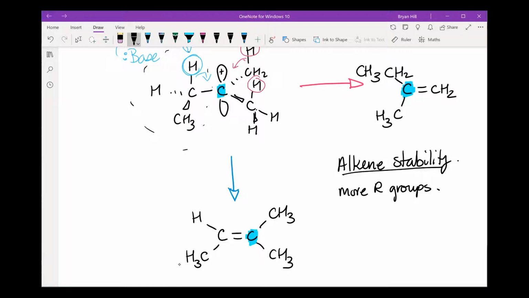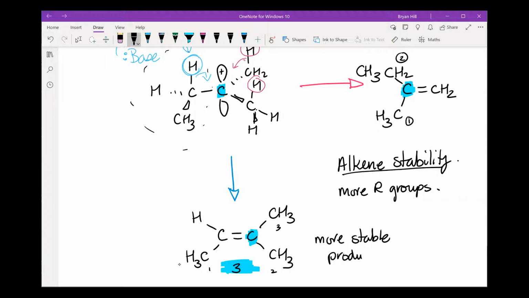So in this case, on the bottom over here, this one's got 1, 2, 3. This one over here only has 1, 2. So the product from the elimination of that blue proton is the more stable product.